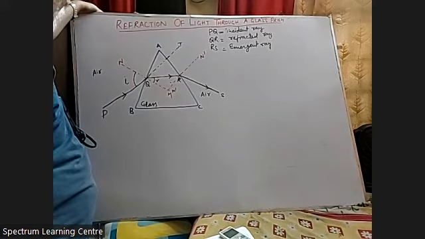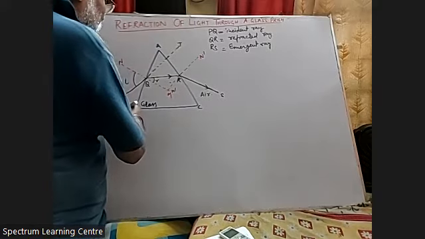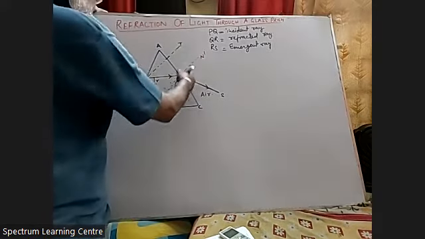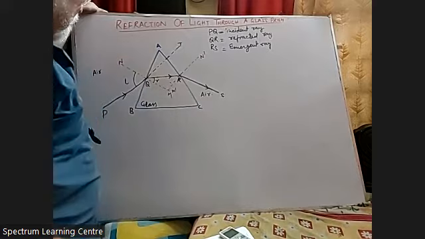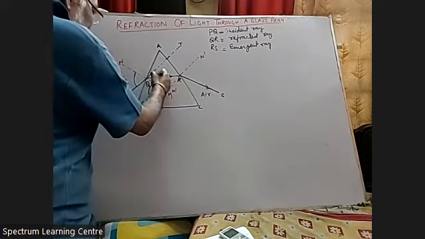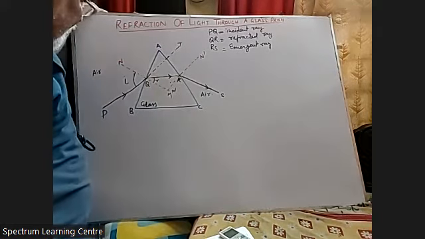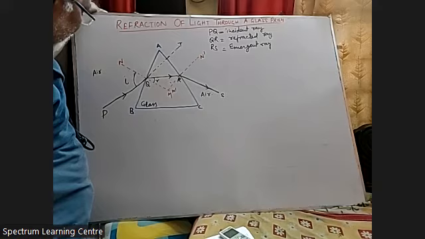PQ is the original path, and NM and NM dash are the two normals. So it will bend towards the normal. So QR becomes a refracted ray.